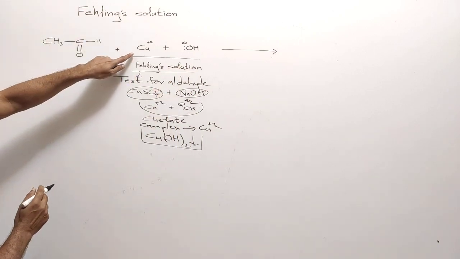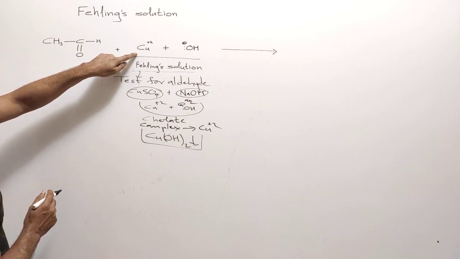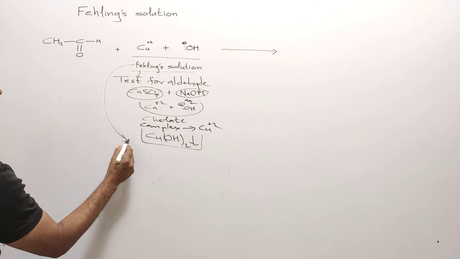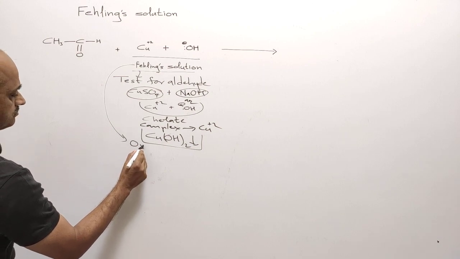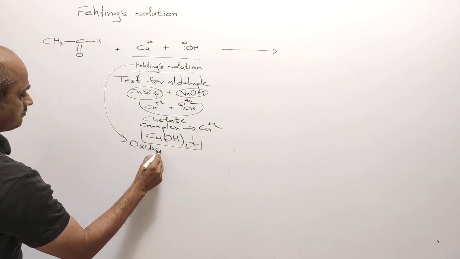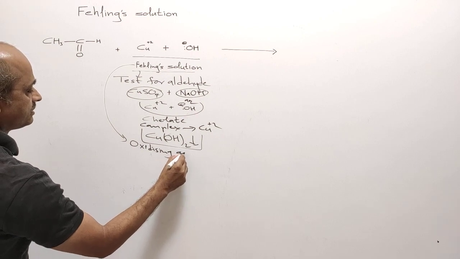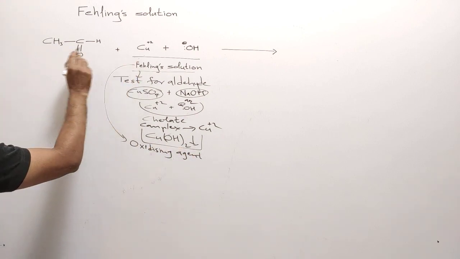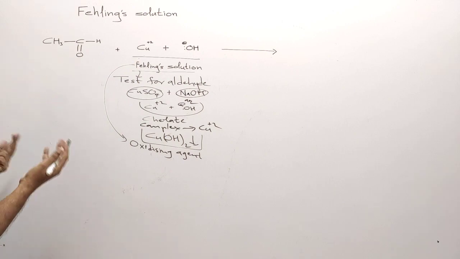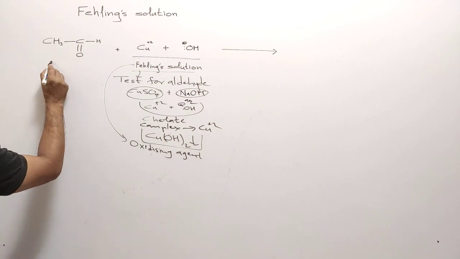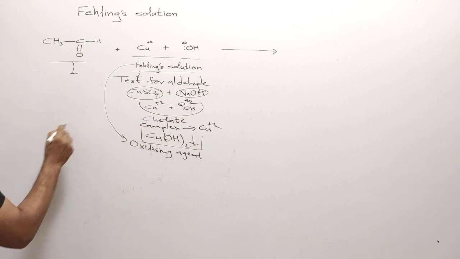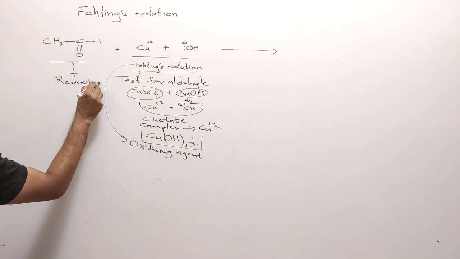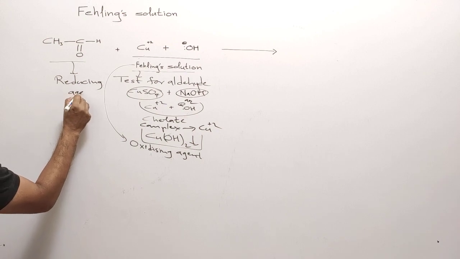Now this Fehling solution is an oxidizing agent, meaning it oxidizes aldehyde, and therefore in turn the aldehyde should work as a reducing agent.